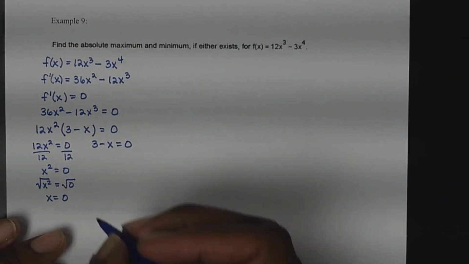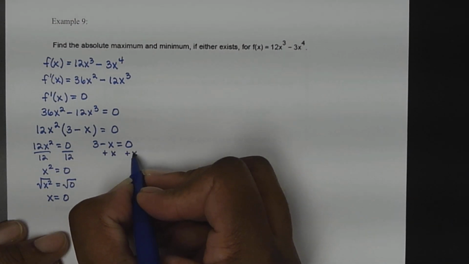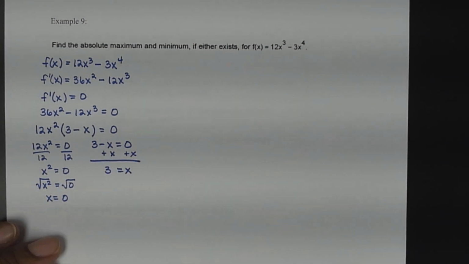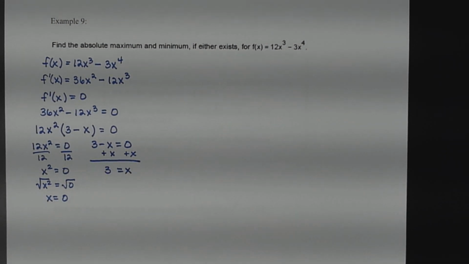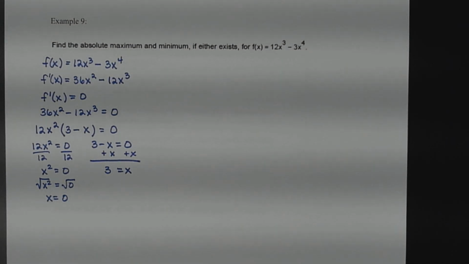Now for 3 minus x equal to 0, I'm going to add x to both sides. That way you're going to see that x is equal to 3. So those are my critical numbers here: x equals 0 and x equals 3.